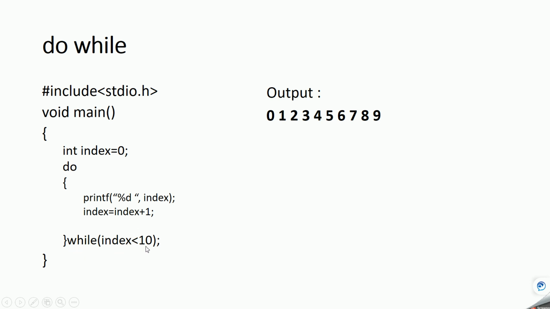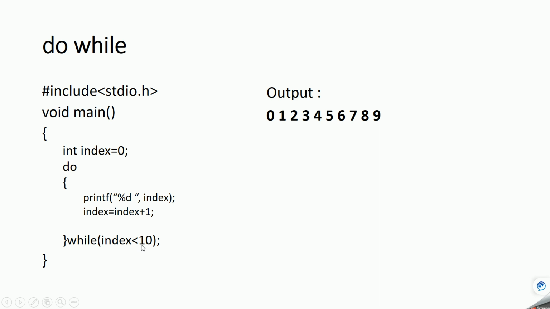Now 1 is less than 10. Yes, it is true. So again control will come to this line, and it will print percentage d index. Now the value of index is 1, so 1 will get printed, and this will keep on happening till the value of index is 9.